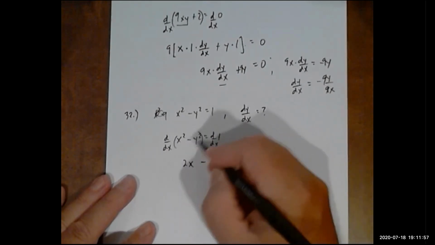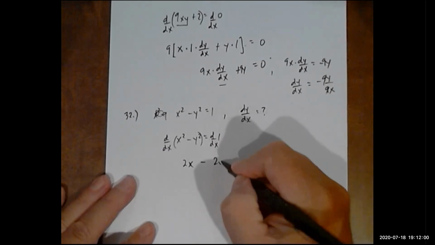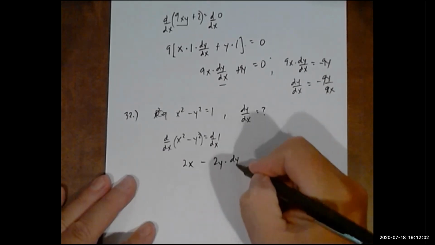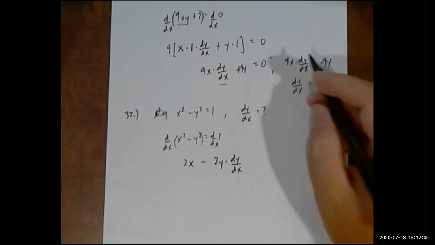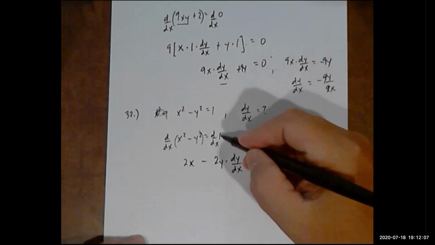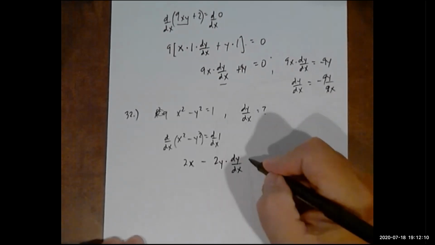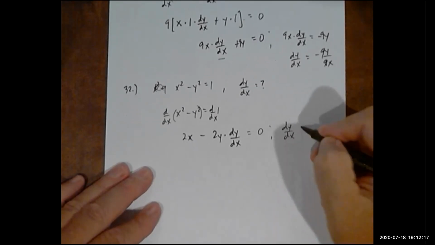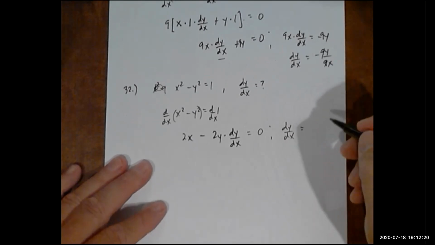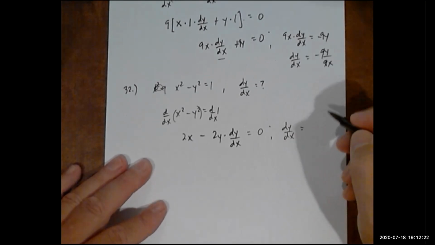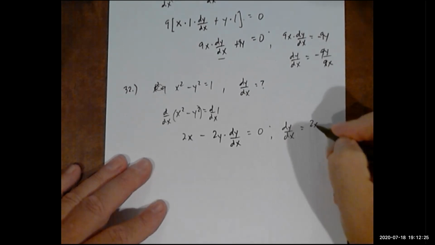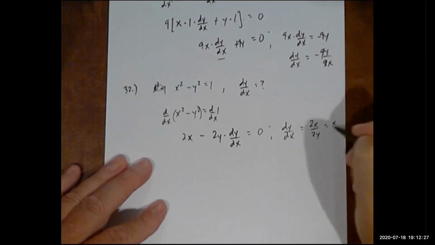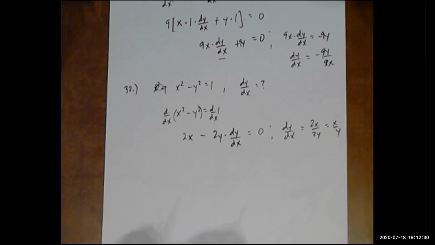So you go and apply your derivative rules to y squared, which is 2y, but then you have to tack on the dy dx. Now the derivative of 1, which is a constant, is 0. So now we solve for dy dx. We have 2x over 2y, x over y. I didn't make any mistakes this time.